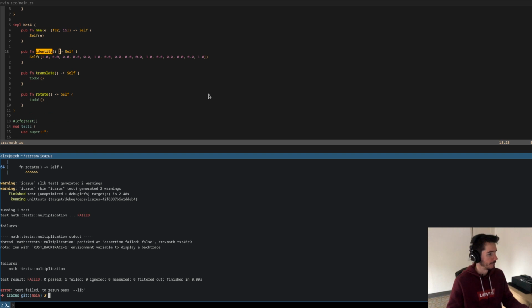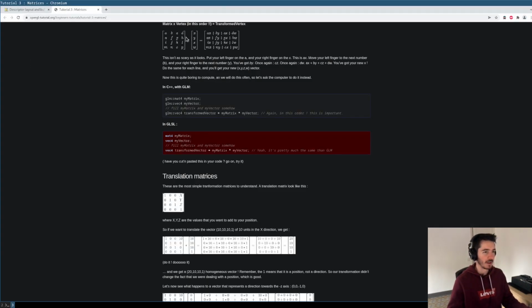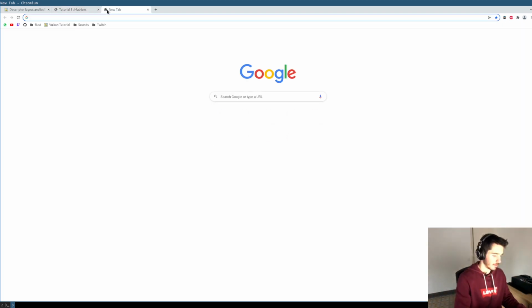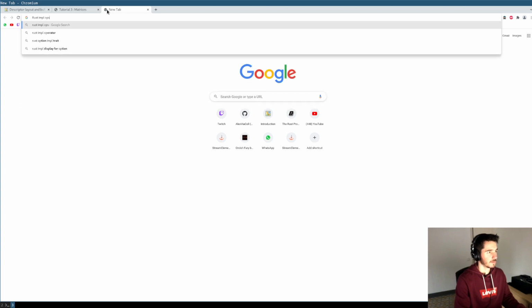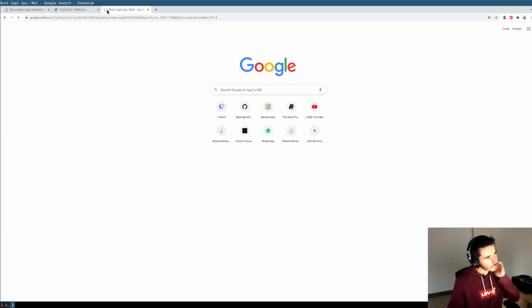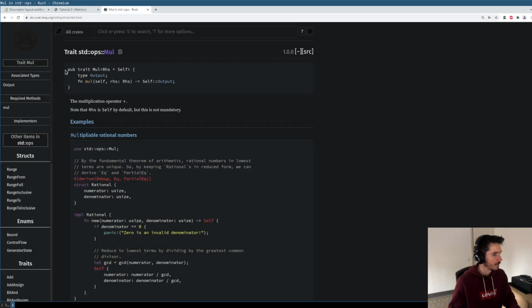Let's see. So we want to implement multiplication. I think there's a way in Rust: std ops mul. Basically, we have a trait for operations that we can implement. The multiplication operator asterisk. Right hand side is self by default, but this is not mandatory.